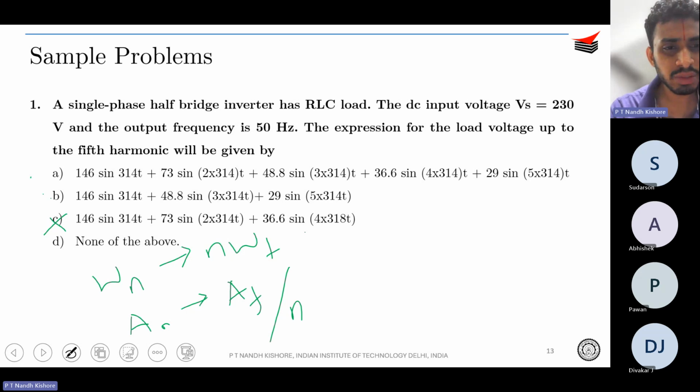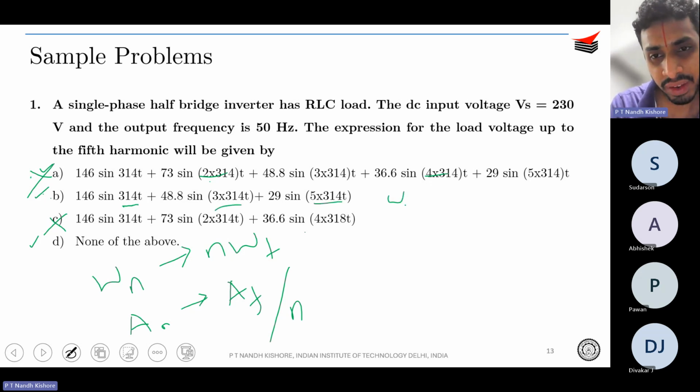From the given options itself, you try to eliminate. In A, you have second harmonic, fourth harmonic. So obviously this cannot be the answer. So the answer is either B or D. Over here it is 314, 3 into 314, 5 into 314.